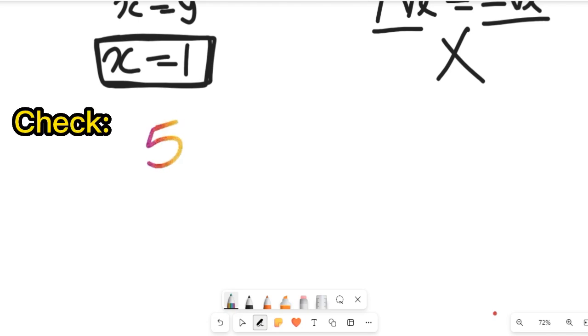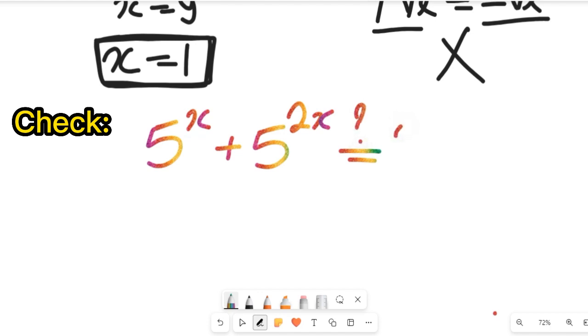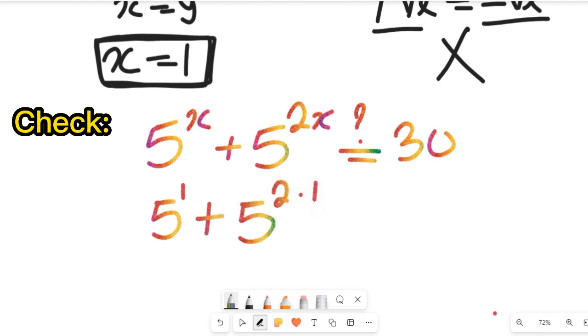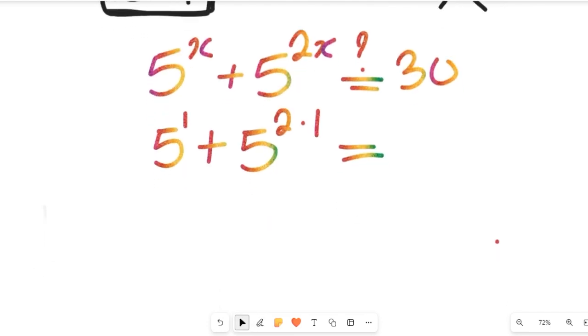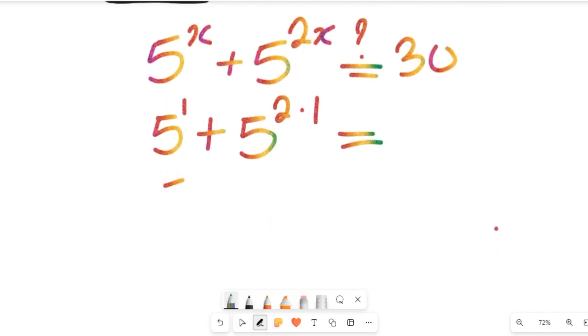At 5 to the power of 1 plus 5 to the power of 2 multiplied by 1, this will give us what? 5 to the power of 1 is 5, plus 5 to the power of 2 is equal to 25. So this will be equal to 30.